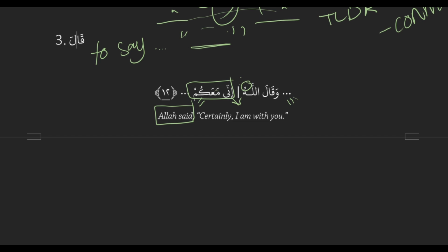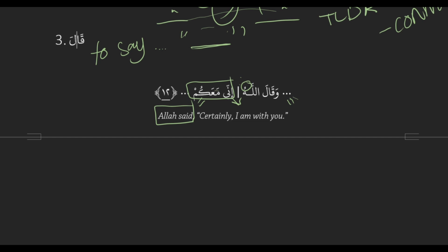Qala is going to have a new sentence after it because qala starts a quote. Because it means to say, it starts a quote, and a quote is going to be its own independent sentence. Within a quote you usually have a full sentence. So qala is a good indicator that there's another full sentence coming up.